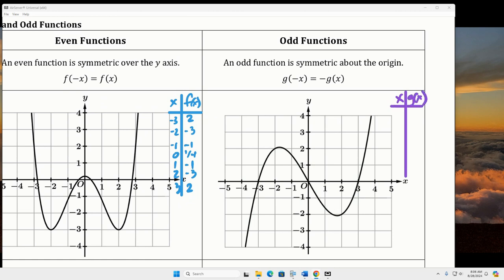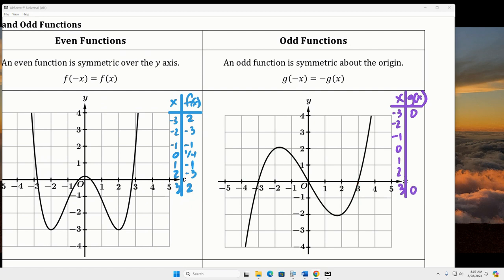And I'll show you what that looks like with a table of values. All right, so I'm going to use the same values as the previous. When I look at f of negative 3, well, this isn't a great one, it's 0. There is no opposite of 0, so f of positive 3 should be the same.